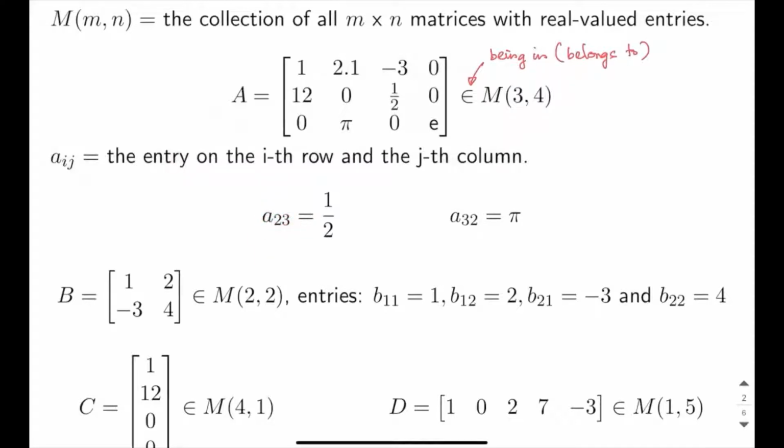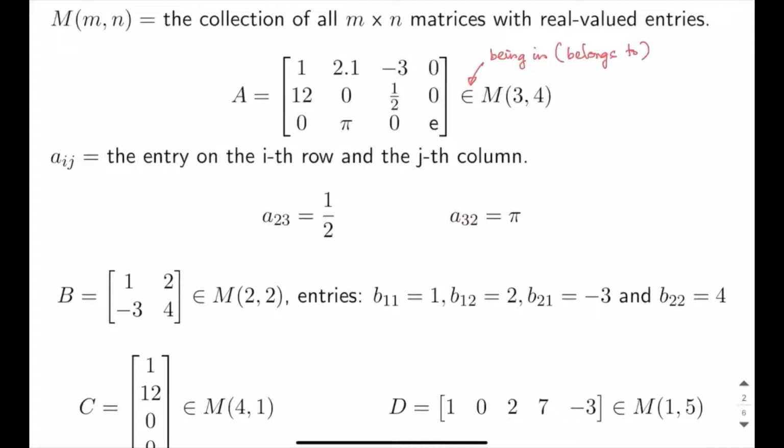If you want to know what it is, you look for the second row and the third column. So right here, that's 1/2. Similarly, a32 means the entry of the matrix capital A on row 3, column 2. Row 3 is this one, and column 2 is this one, so the entry is pi.